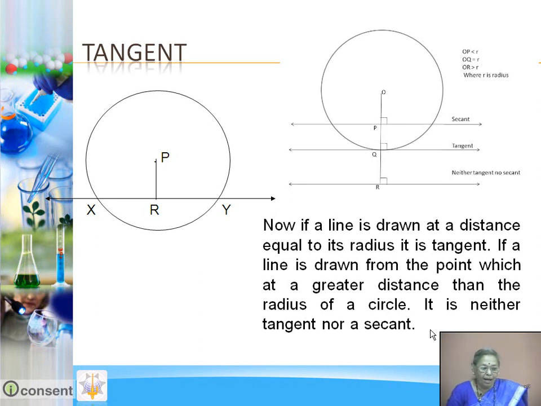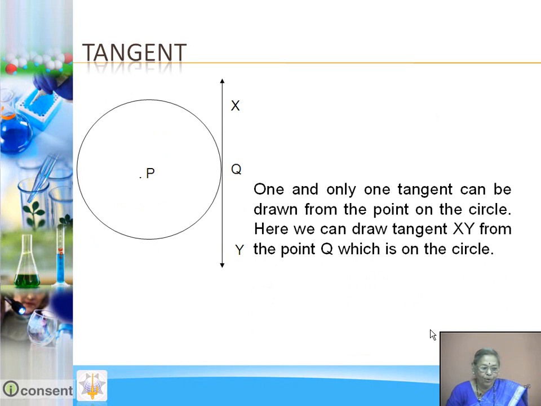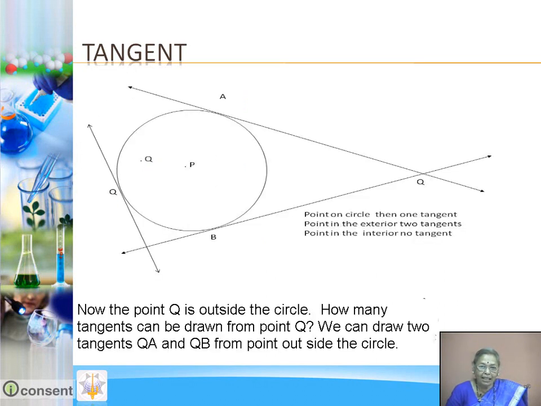Now, in this figure, you will see that line XY is a tangent at point Q. Now, if point Q is outside the circle, how many tangents can you draw to the given circle?